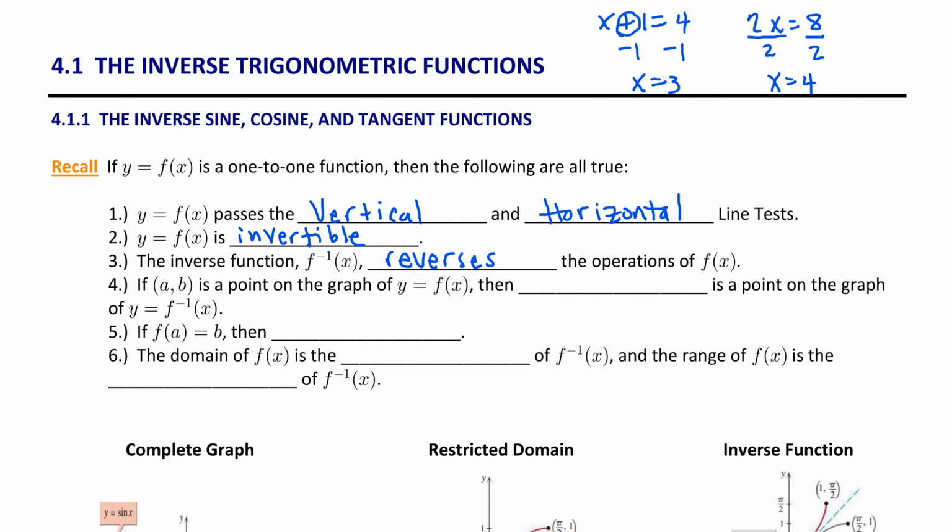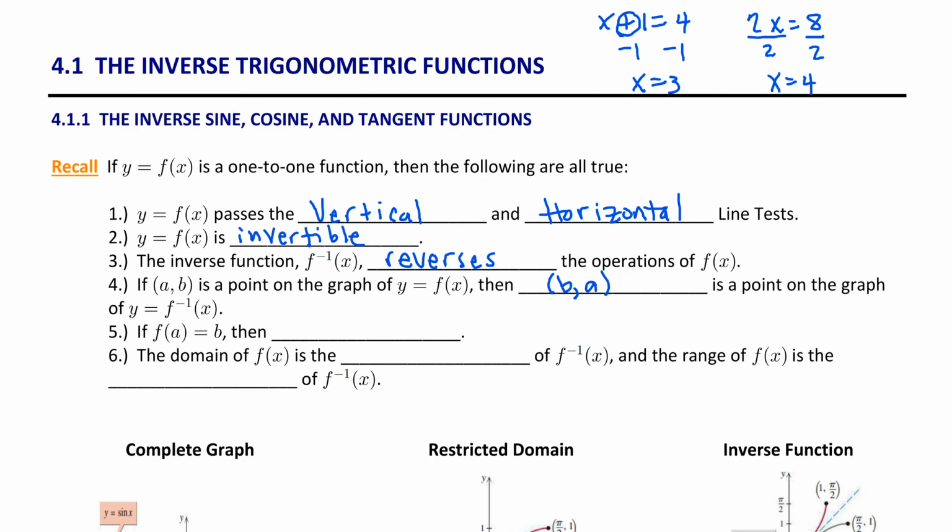Recall that if ordered pair (a, b) is a point on the graph of the original function y equals f of x, then ordered pair (b, a) is a point on the graph of y equals f inverse of x. Notice we simply switch the x and y in the ordered pair in order to generate a point on the inverse function. We could also state this in function notation.